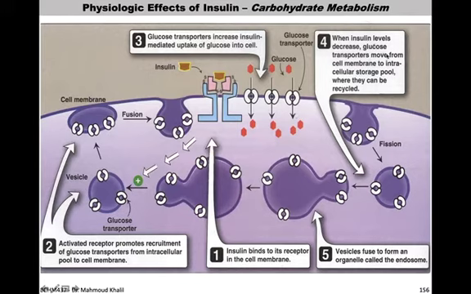When the insulin level decreases, the glucose transporters are recycled back inside the cytoplasm as a storage pool, and they can be recycled to do the job again upon the increase of the level of sugar in the blood.